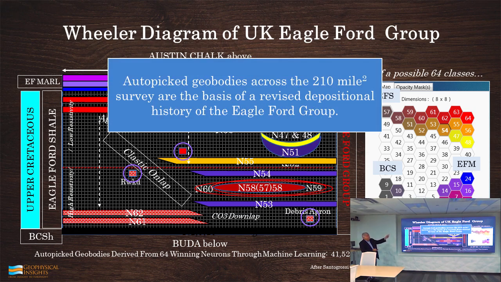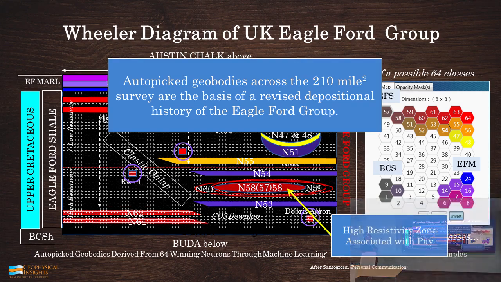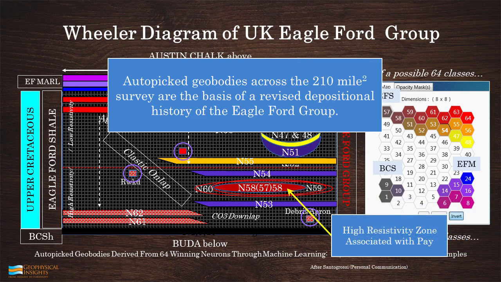So what we're looking at here is auto-picked geobodies. They were auto-tracked, auto-picked across a 210 square mile survey, and it was the basis of revising the depositional history of the Eagleford group in this area, certainly. And, of course, now, if you're going to go out and do some drilling, these are the sweet spot neurons.